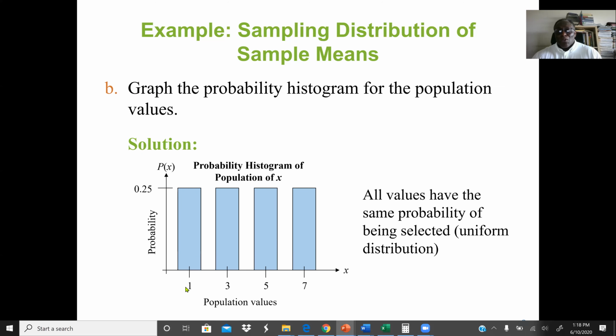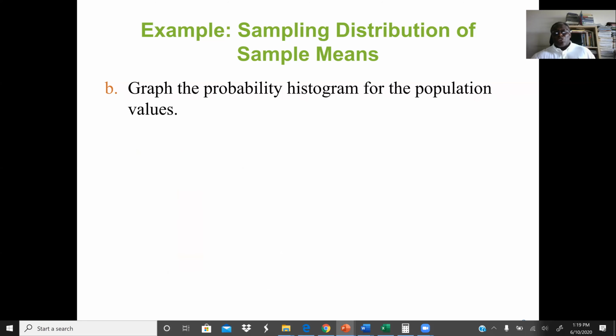Remember we have 1, 3, 5, 7, and each is randomly selected. Since we have 4 items, we share the probability equally among them, so we get 0.25. All values have the same probability of being selected, because the question says it's randomly selected.